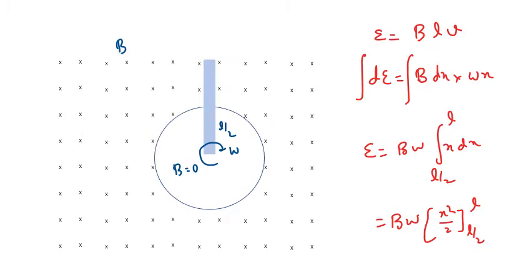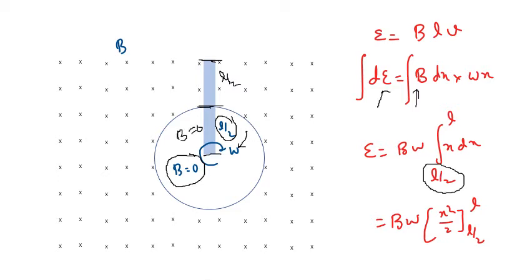Suppose in this case the angular velocity is the same, omega, but if you see, in this region the magnetic field is 0. The magnetic field starts from this point and ends at this point. Suppose this length is L by 2. So in this case, when we integrate the formula, we'll take the lower limit to be L by 2, because from 0 to L by 2 the magnetic field is 0.